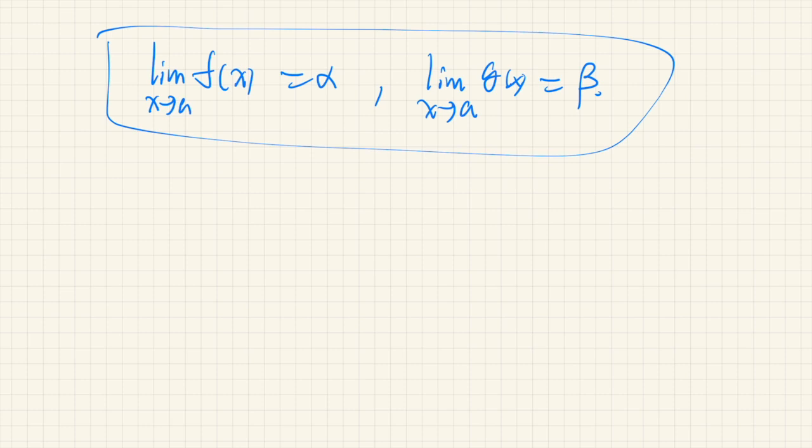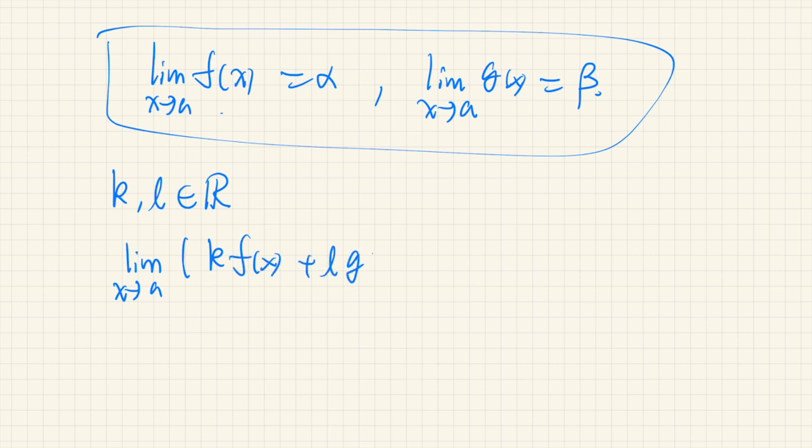That means for any k and l that are arbitrary real numbers, the limit as x goes to a of the linear combination k f of x plus l g of x is k times alpha plus l times beta. So the limit of a linear combination is the linear combination of the limits.